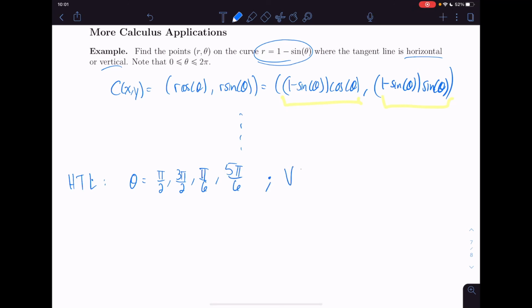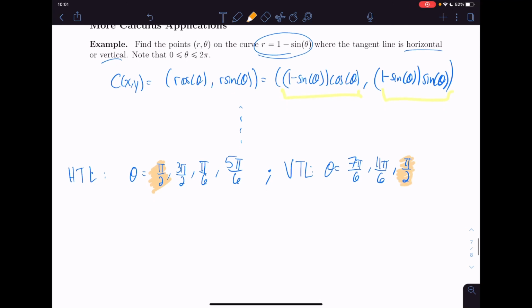And when you compute your vertical tangent lines, you're going to be getting theta equals 7 pi over 6 and 11 pi over 6, as well as pi over 2, where pi over 2 in both of these is conspicuous, and therefore you need to use L'Hopital's rule to compute the limit as theta approaches pi over 2 of dy d theta over dx d theta.